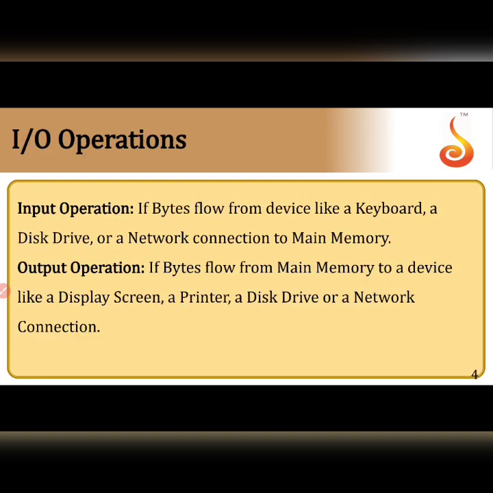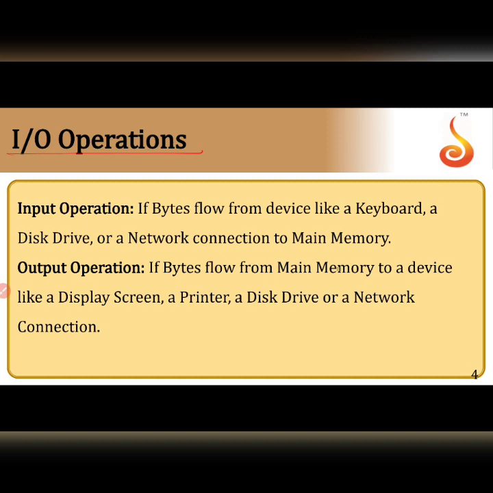Next is input output operations. When I say input and output, it is to the main memory, to the program, and from the program. The output from the program, and to the program is the input.